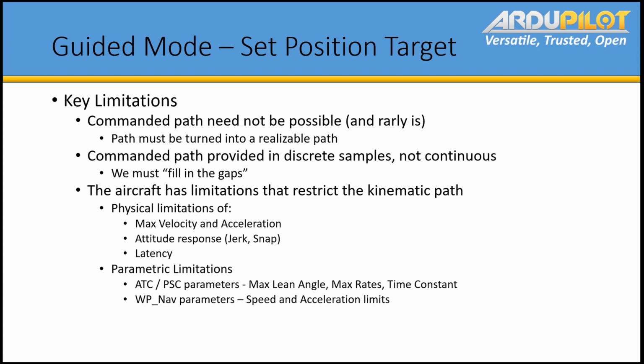Then there's where we don't have the teleportation device here. We have a very real aircraft with very real limits that we need to respect as we're trying to comply with your wishes. And those come in two parts. One of them is the physical aircraft limitations, the absolute physical limits.